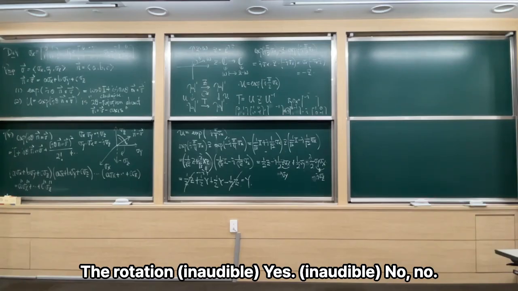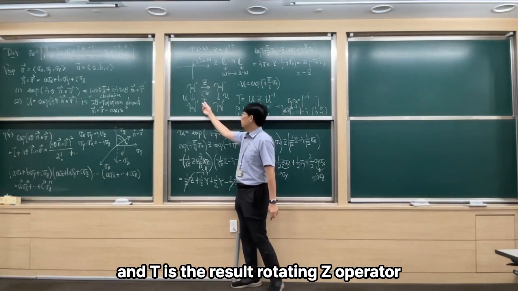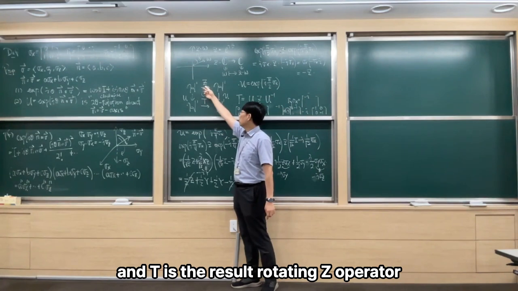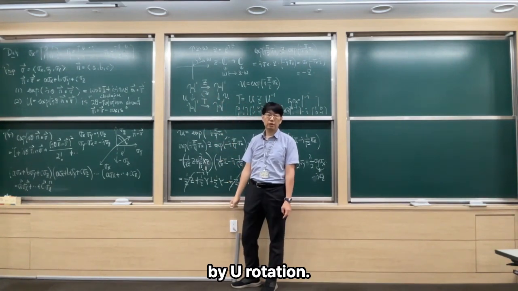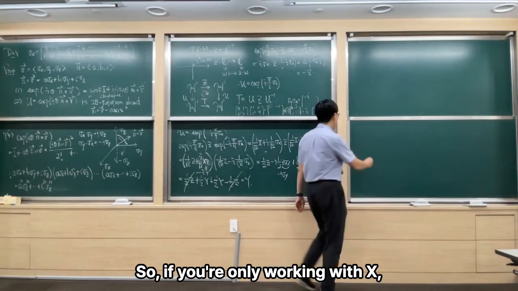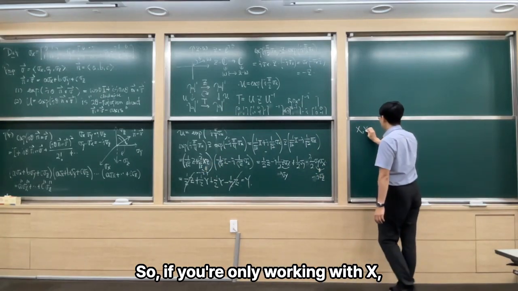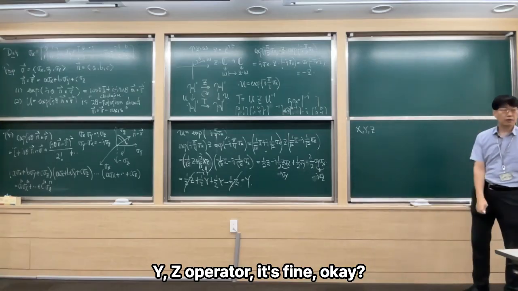No. U is the rotation, and T is the result of rotating the Z operator by the U rotation. So if you're only working with the X, Y, Z operators, it's fine, okay?